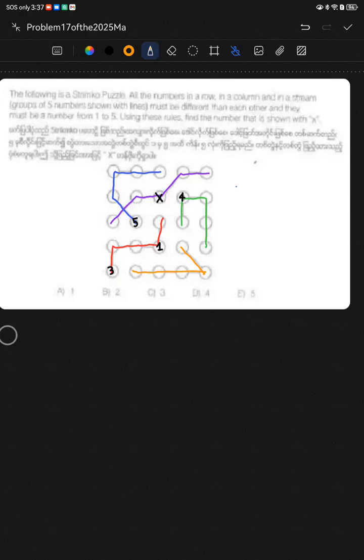Now, using the 3 rules I mentioned before, the question asks to find the value of X. Let's do that right now.